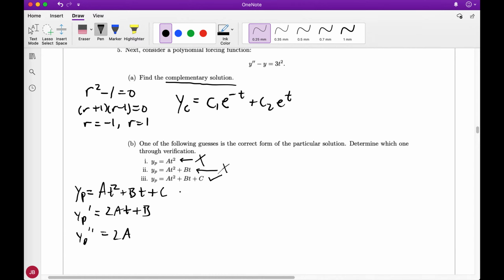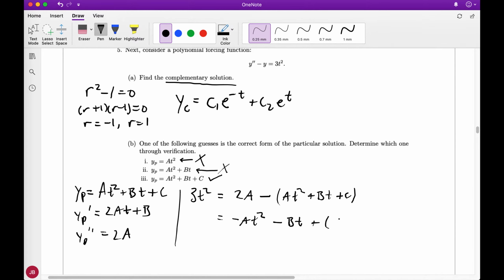So now finding the derivatives, this tells us that the right-hand side, which is 3t squared, has to equal y double prime, which is 2a, minus y, which is at squared plus bt plus c. And you simplify, and you get minus at squared minus bt plus, now the constant will be 2a minus c.